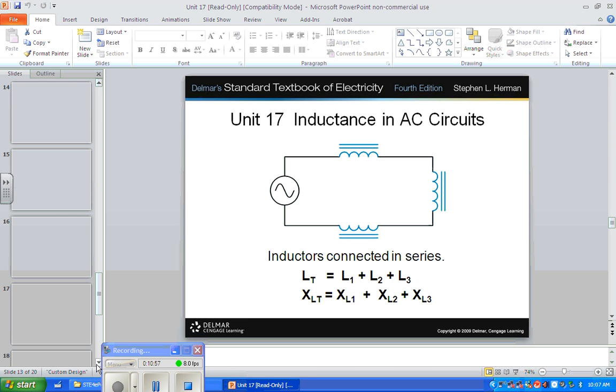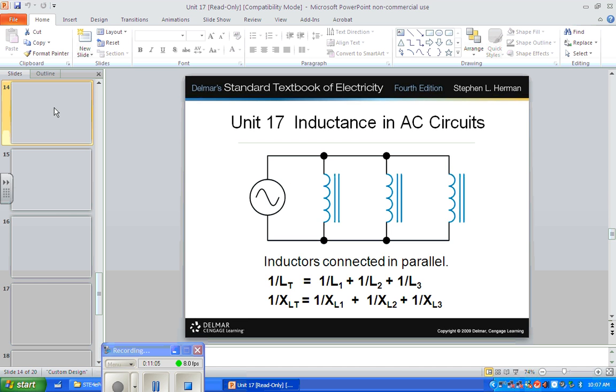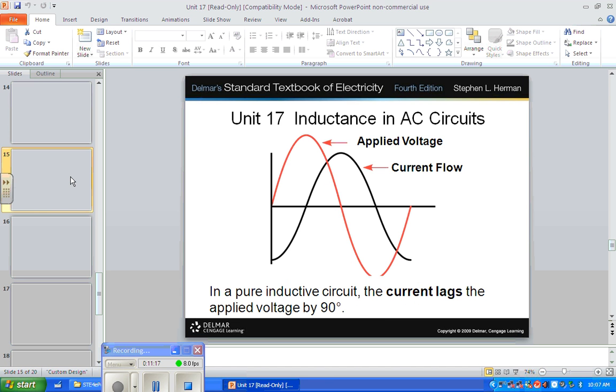Add them up by the reciprocal method, right? That would be correct. And here we have parallel ones, and 1 over L1 plus 1 over L2, etc. is equal to 1 over LT, reciprocal formula, because we treat them just like resistors.